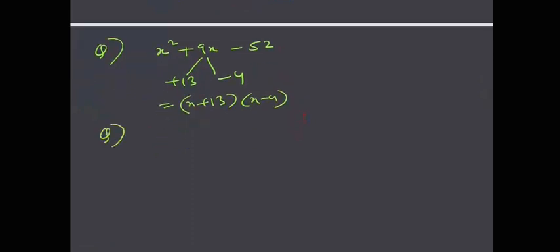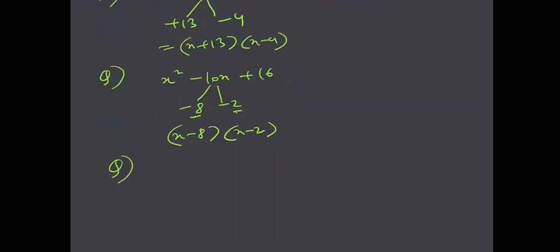Say we have x square minus 10x plus 16. Okay. So then minus 10, you can split it as minus 8 minus 2. Their sum is minus 10 and product is plus 16. So the factors are x minus 8 and x minus 2. Okay. So let us do one more.